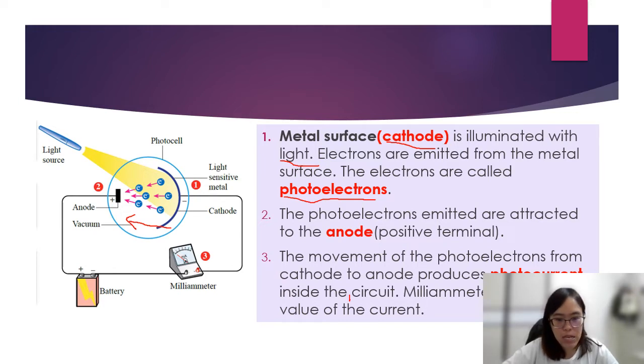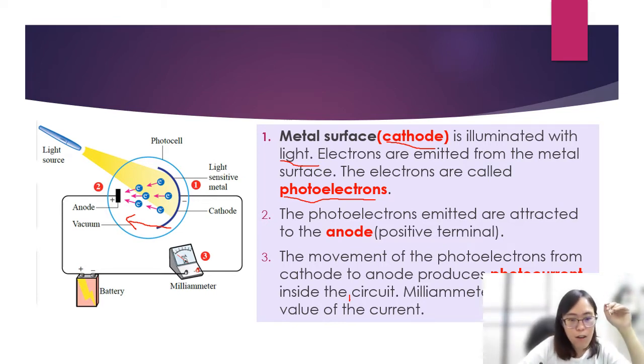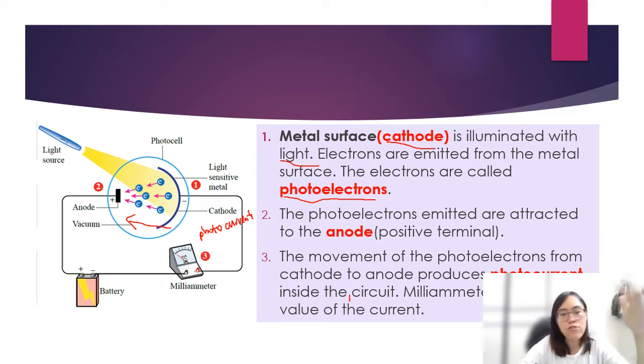When there is a complete circuit, current is produced. Here we do not call it current, we call it photocurrent. Because of the presence of the photocurrent, when there is a flow of photoelectrons, the sensitive emitter will show a reading.